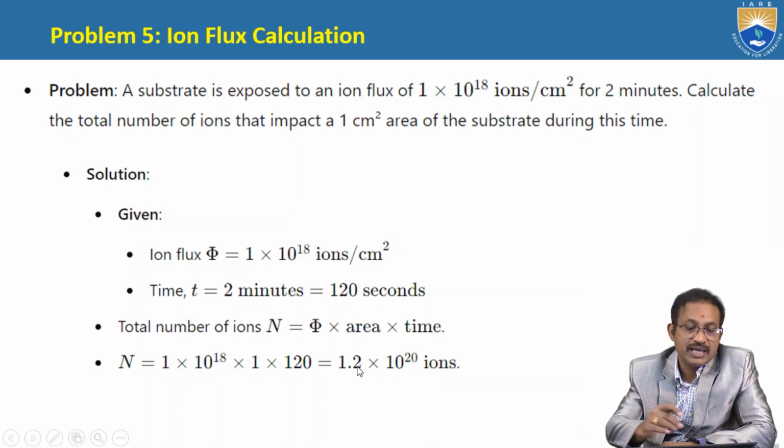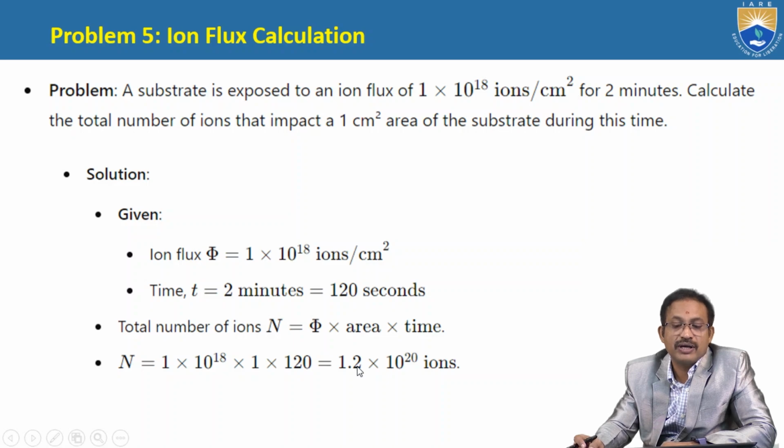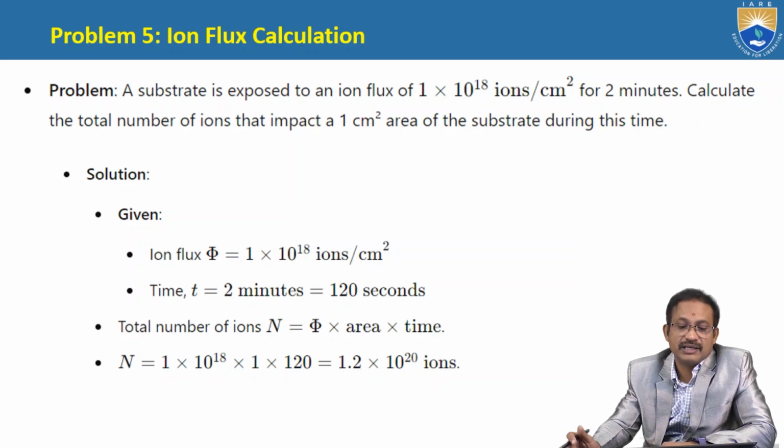Fifth problem. A substrate is exposed to an ion flux of 1 into 10 power 18 ions per centimeter square per 2 minutes. Calculate the total number of ions that impact a centimeter square area of this substrate during this time. What is the given data?